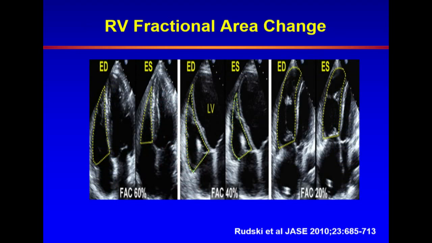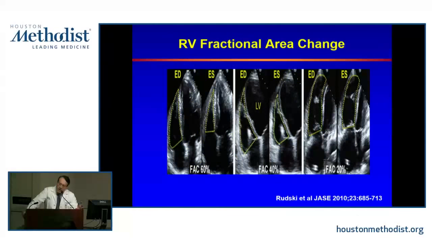That was in millimeters. Fractional area change is something similar to the ejection fraction concept in terms of what it reflects. Its limitation, as you can tell, is it's getting just part of the RV. The RV is not just what you see in that apical 4-chamber view. Having said that, several studies have looked at its correlation with ejection fraction with CMR and have reported acceptable correlations anywhere from 0.5 in some studies to probably low 0.7s in others.